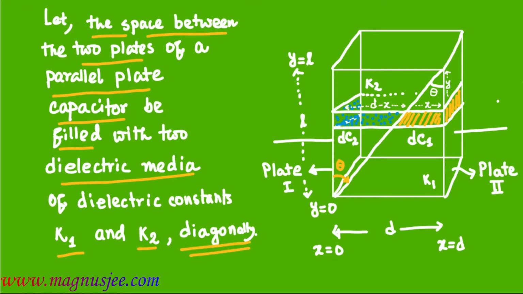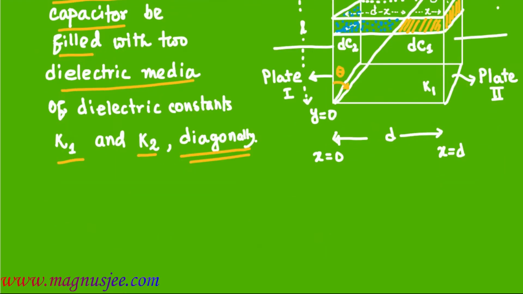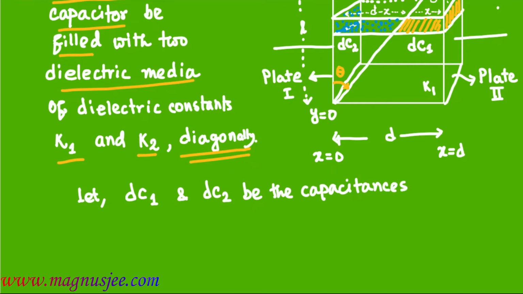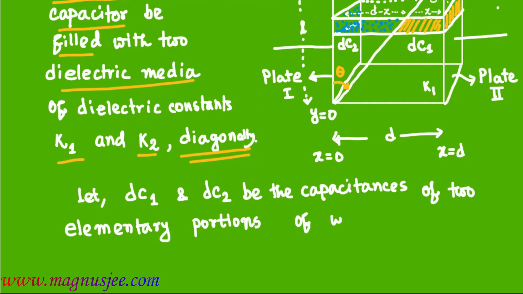Let dC1 and dC2 be the capacitances of the two elementary portions of dielectric constants K1 and K2 and horizontal widths x and d minus x.